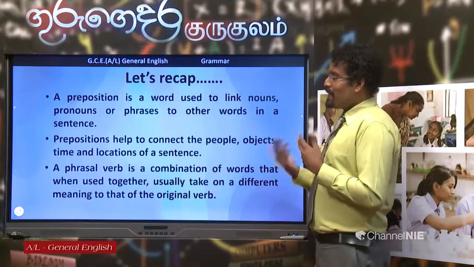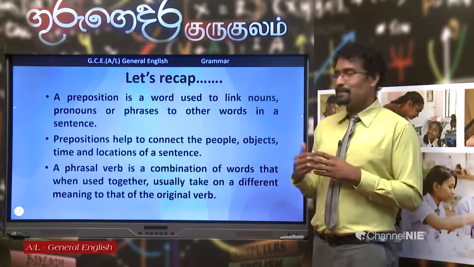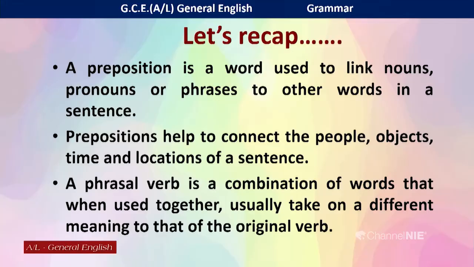Right. So, let us recap what we learned today. A preposition is a word used to link, used to connect nouns, pronouns or phrases to other words in a sentence. Prepositions help to connect the people, objects, time and locations of a sentence.